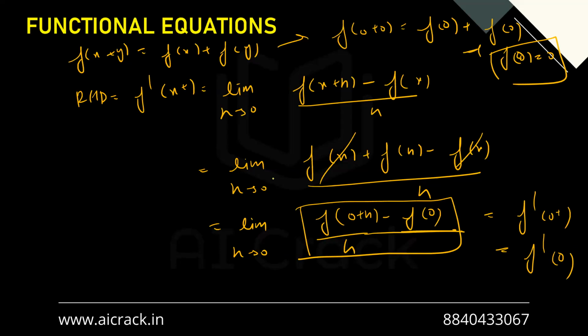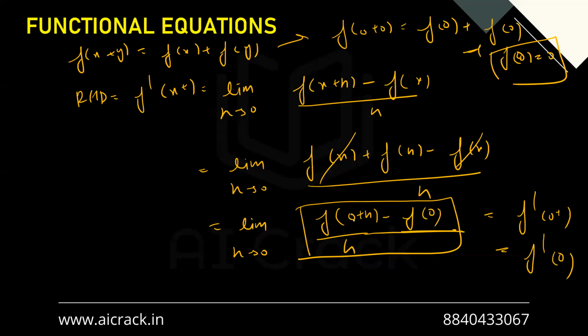Until now it's very clear. What we have done, we have started with first principle, then we used this equation over here, and then cancelled out fx. What we are left with is fh by h. Then we somehow manipulated it to write down f dash 0 from there, right? The main element was to find out the value of f0, and sometimes you might have to find out the value of f1, f2, f3, whatever, but you have to find out those values only for which we are targeting f dash.